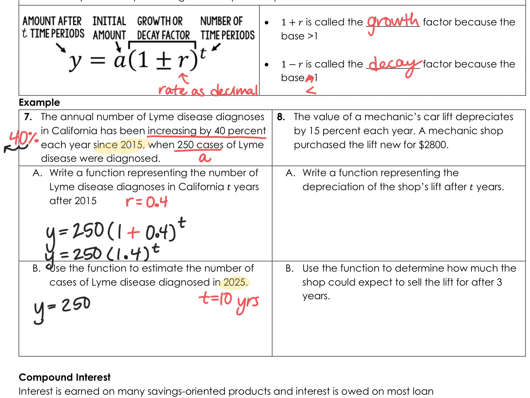I'm going to use the one with the 1.4 because we already did it. So 1.4 raised to the 10th. And then you just grab your calculator, which if you don't have one, get one. Get one of your own out or one of mine. So 250 times 1.4. Use the caret key or the exponent key to raise it to the 10th power. And we get 7,231. Should I have a decimal?